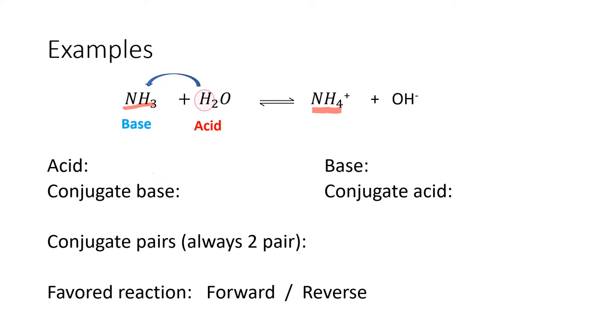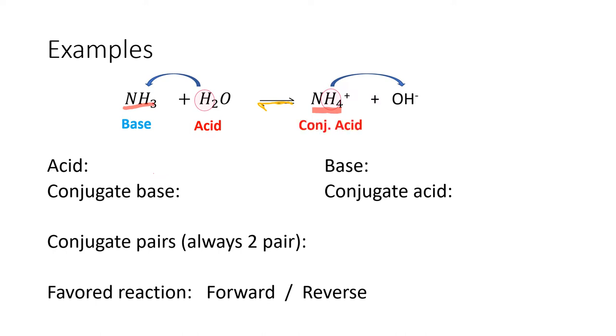Now, if I look at the reverse reaction, we can see that the ammonium would have to lose the proton and give it to the hydroxide in order to produce the original ammonia and the original water there.